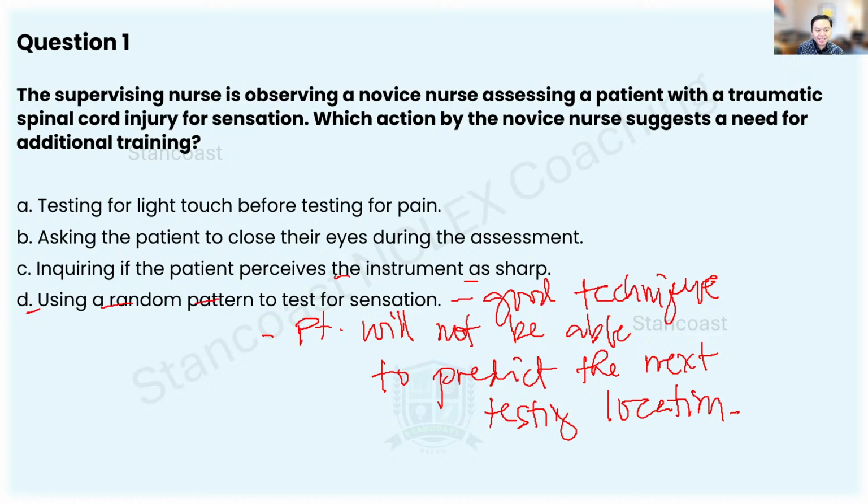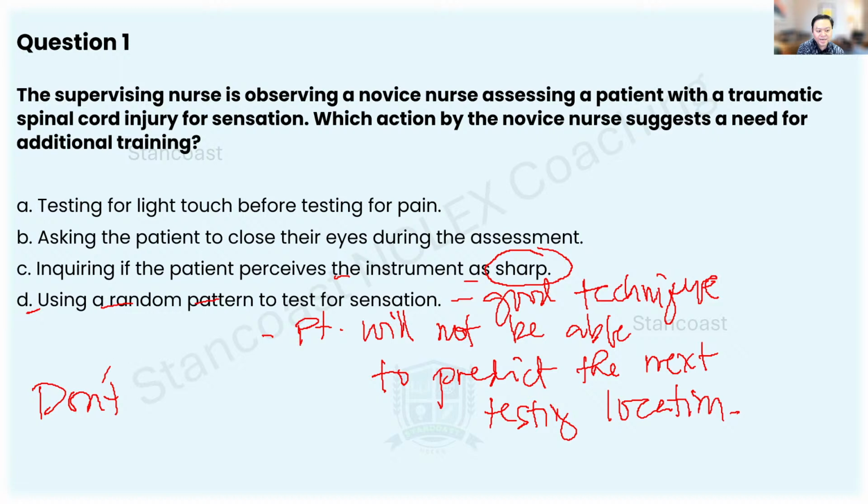Here, you are already giving them a clue. The word sharp is already a clue for them. So do not give them any clue at all. Do you feel this as a warm sensation, or is this cold? No. Do not give them clues when you are testing their sensation.